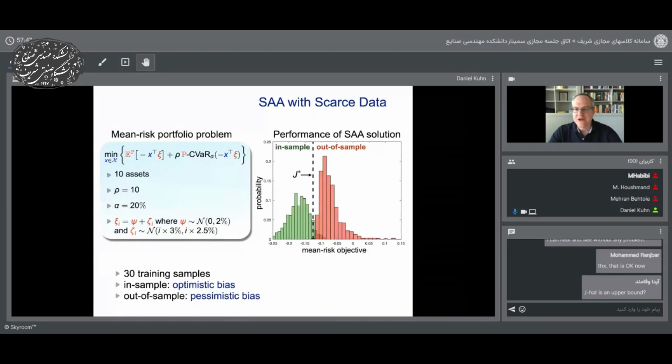Now, in order to have a controlled experiment, I make up a statistical model for the vector psi of asset returns. The details are shown on this slide. Basically, it's a model where there is a systematic risk factor psi, and there are some idiosyncratic risk factors theta_i that are specific for each asset, and they're all normally distributed, so that means the vector of asset returns is normally distributed.